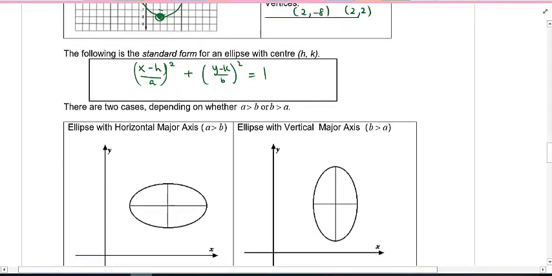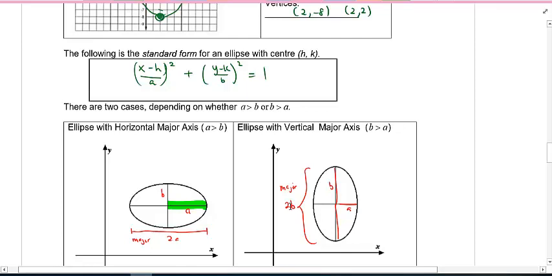In this case here, on the left, the a value is this. So there's a, here's b. The major axis, of course, in this case is horizontal, 2a. Over here though, b is much bigger than a, so the major axis is your 2b.